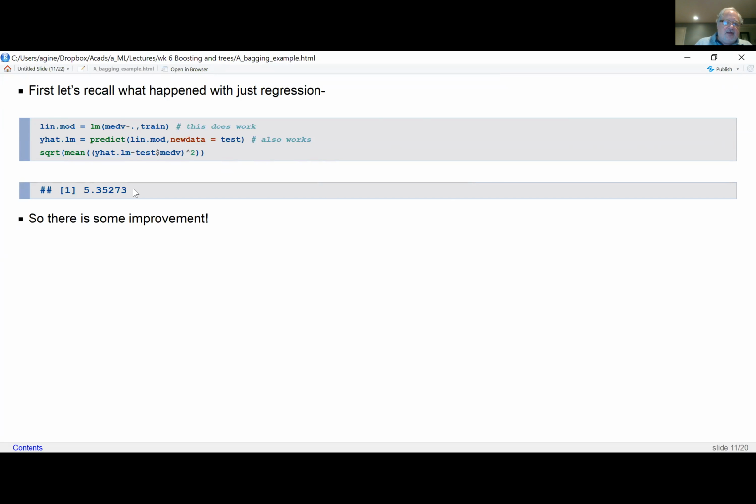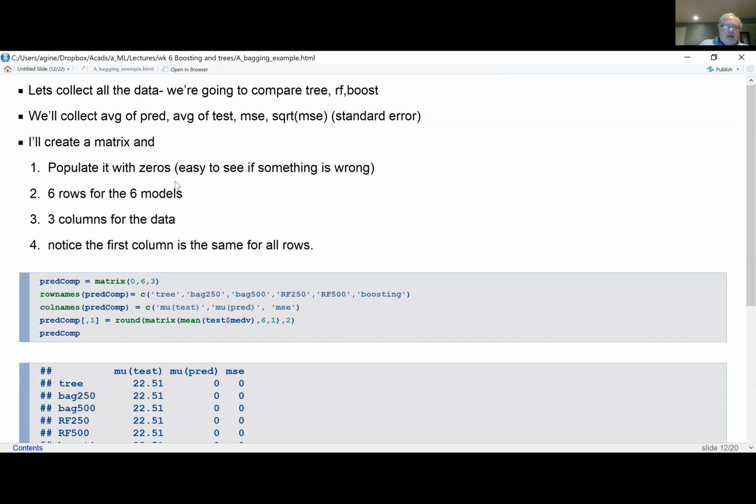And I see it's slightly worse, about 5% worse. So there is improvement to doing the tree over the linear model. I think at the time we did that, people thought the linear model was pretty good, but we see an improvement.